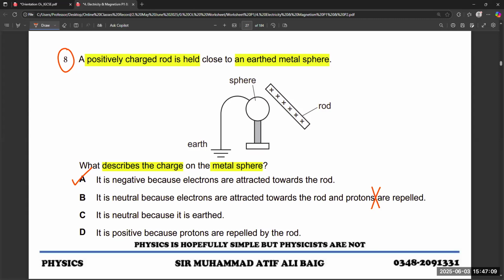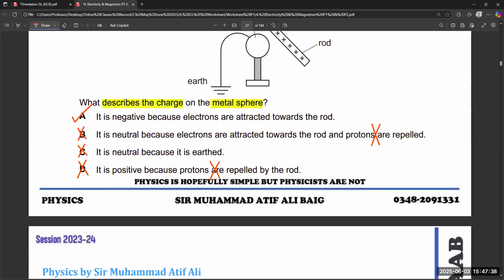It cannot be completely attracted by the earth because there is a positive rod also, so some are also attracted towards it. So B and C are not possible. D says it is positive because protons are repelled by the rod. Again, they are talking about protons. So that's why option A is the right option. It is negative because electrons are attracted towards the rod.